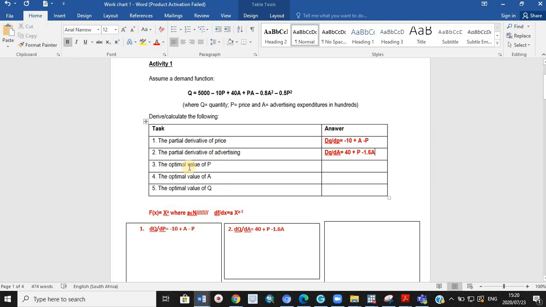All right, so for us to get the optimum value of p and a, we will need to do some calculations. In other words, these partial derivatives must be equal to 0. Then we say minus 10 plus a minus p should be equal to 0. We can solve for p. Minus p should be equal to 10 minus a.